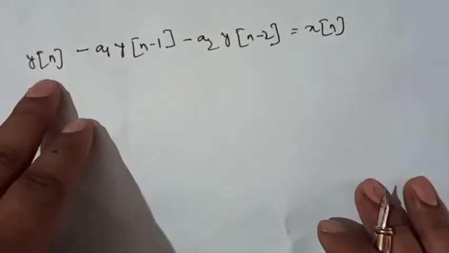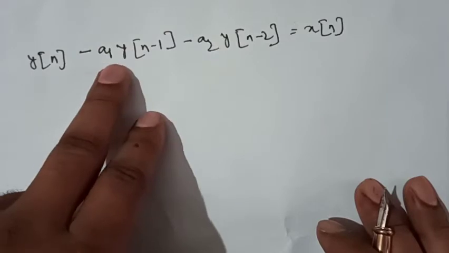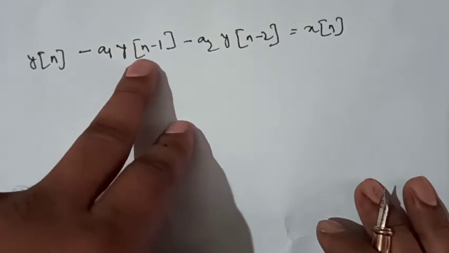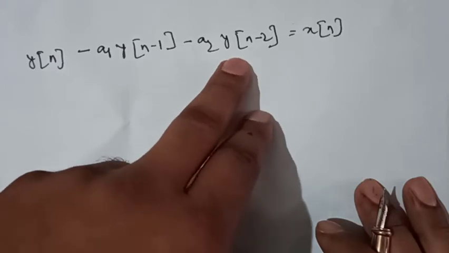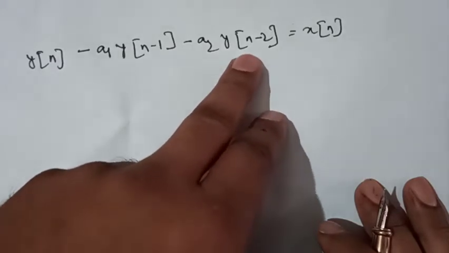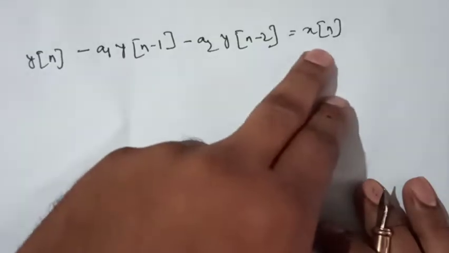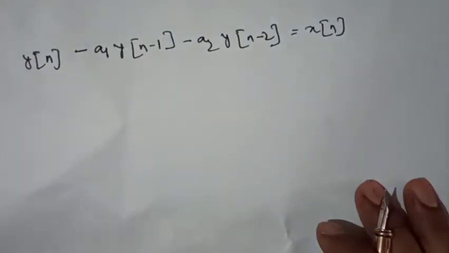So it will be y of e to the power j omega minus a1 e to the power minus j omega into y of e to the power j omega, then minus a2 e to the power minus 2 j omega into y of e to the power j omega is equal to x of e to the power j omega. From that you can calculate y of e to the power j omega divided by x of e to the power j omega, and accordingly you can go for the magnitude and phase response.